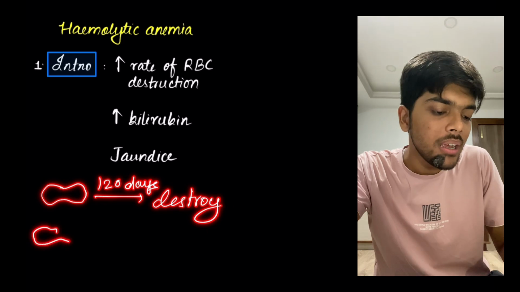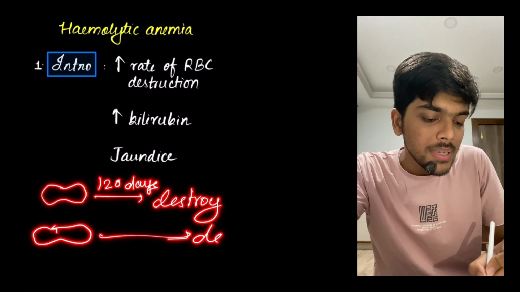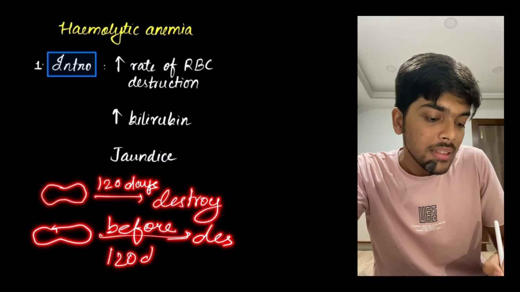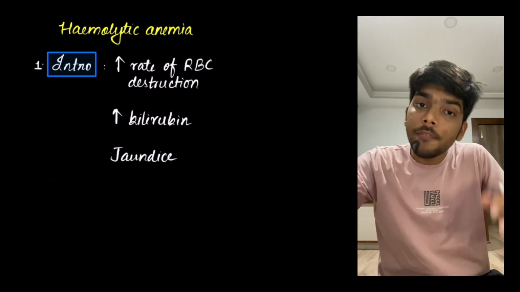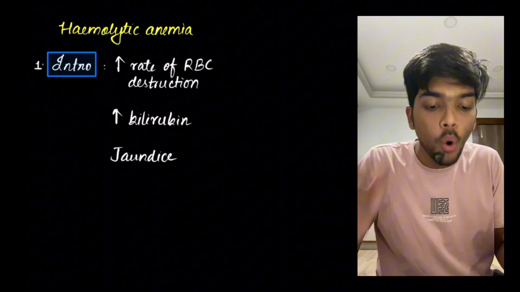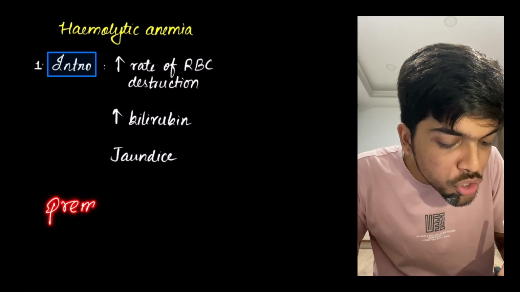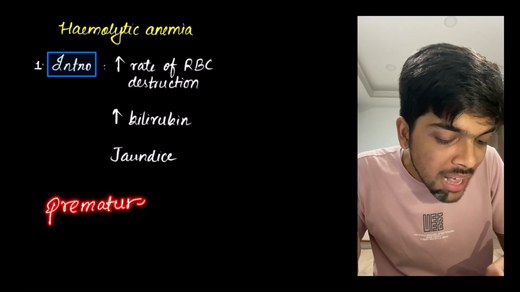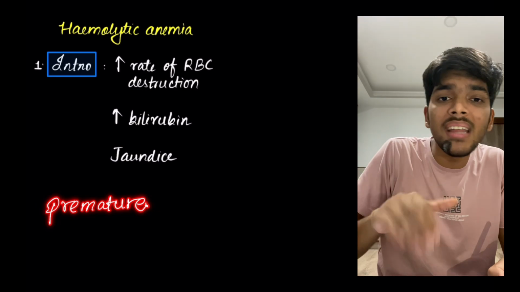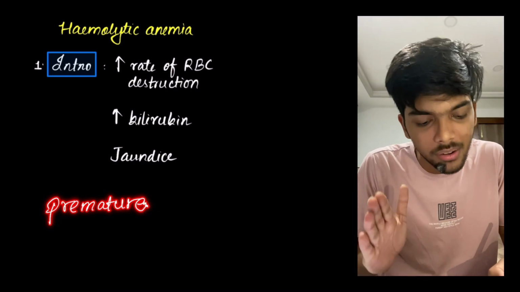However, in hemolytic anemia, RBC gets destroyed before 120 days. That means RBCs are getting destroyed faster, or there is higher rate of destruction of RBC, or premature destruction of RBC. RBCs are getting destroyed before it gets matured, before it hits the 120 days mark.